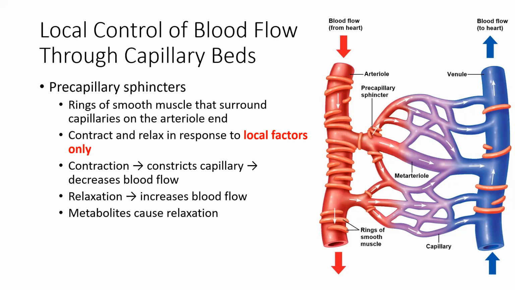And so when those metabolites build up, we mentioned earlier, that is an indicator that this tissue needs more flow. And so what happens is we're going to relax the precapillary sphincter, allow for more flow into the capillary bed instead of bypassing. And that will allow an opportunity for flow to come in and clear those metabolites, as well as bring in fresh oxygen into the tissues.